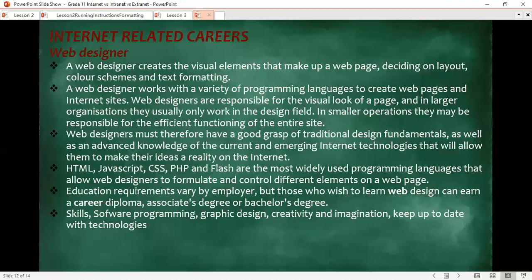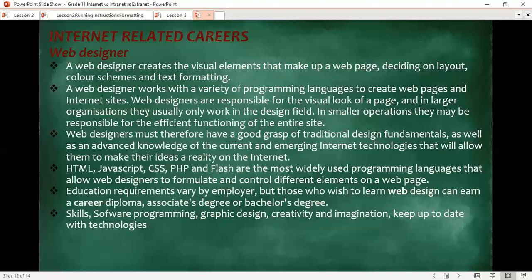A web designer creates the visual elements that make up a web page, deciding on layout, color scheme, and text formatting. So this is very important. This is the job description of a web designer. A web designer is going to focus on the visual elements of that site.